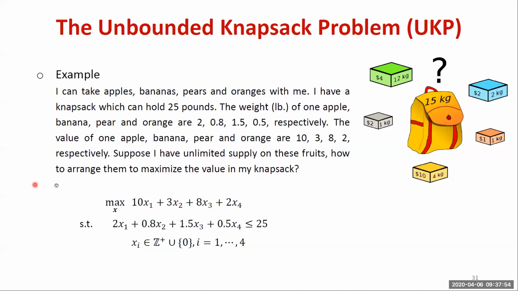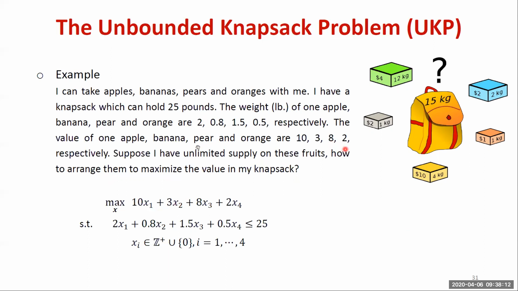And now I will have unlimited supply of these fruits. The question is how to arrange them to maximize the value in my knapsack, because my total weight is only 25. In this case, you can formulate it in terms of value. You get the objective function, which is 10x1 plus 3x2 plus 8x3 plus 2x4.